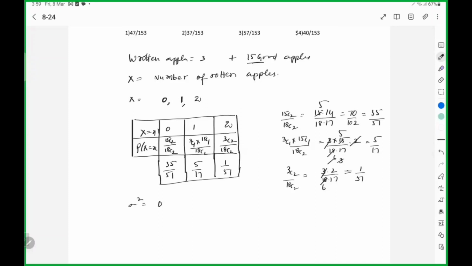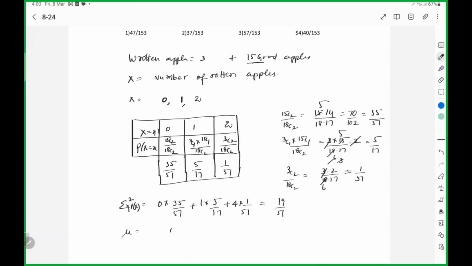So variance here is sigma xi square times probabilities, 4 into 1 by 51, which is 20 by 15 plus 4, 19 by 15.